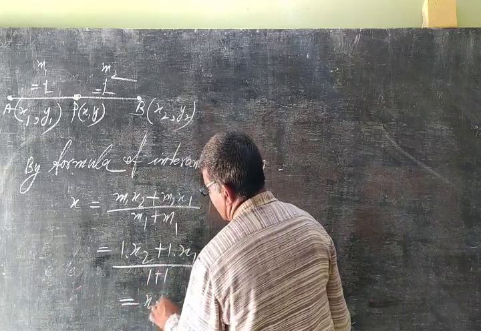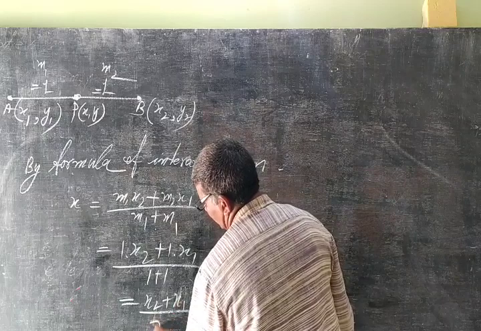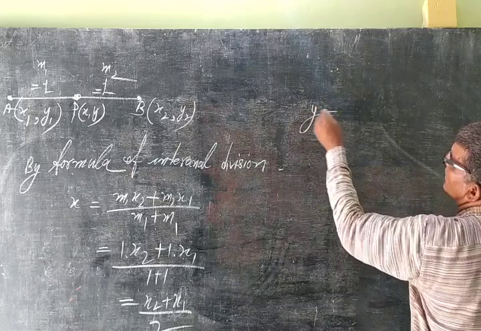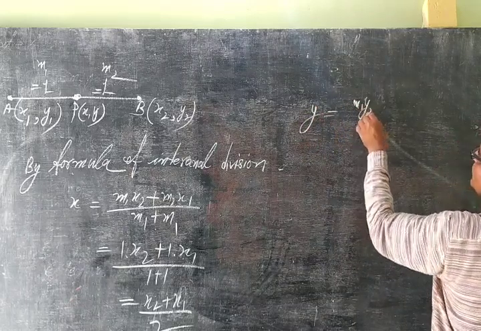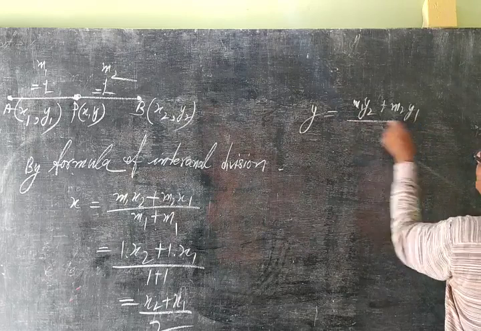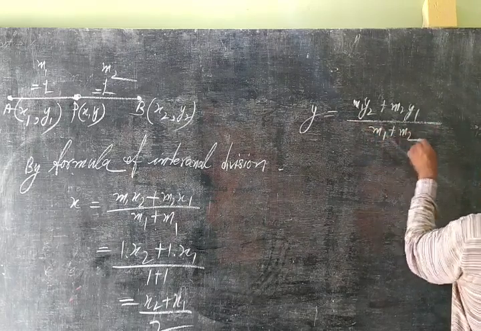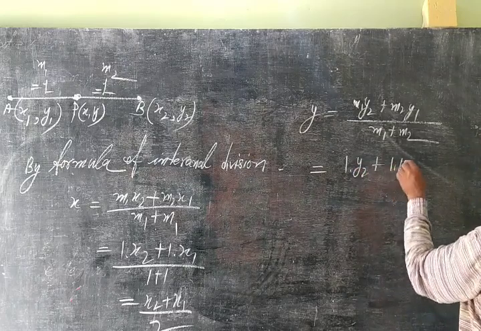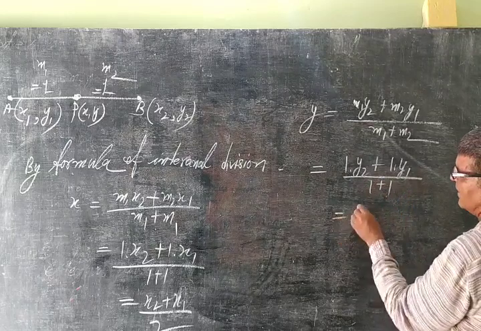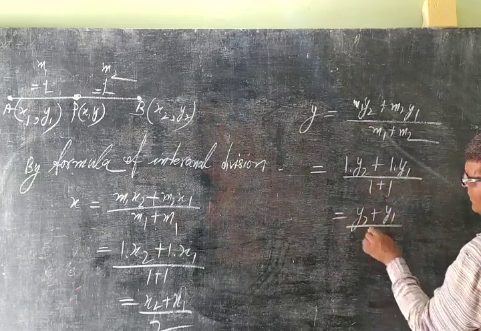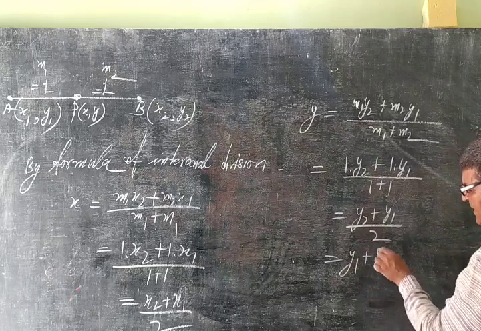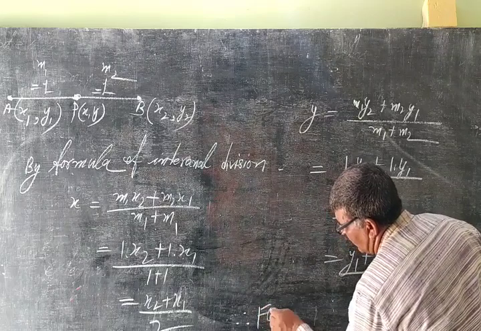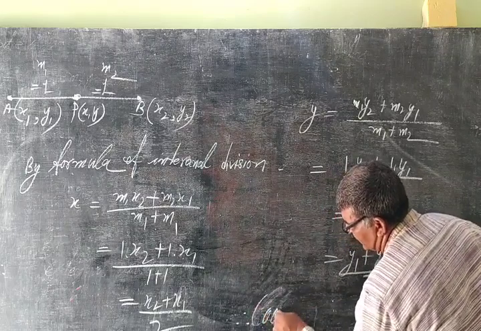This means (x2 plus x1) upon 2. This is the x coordinate. Now y equal to (m1 y2 plus m2 y1) upon (m1 plus m2), 1 into y2 plus 1 into y1 upon 1 plus 1, equal to (y2 plus y1) upon 2. This means (y1 plus y2) upon 2. Therefore, formula of coordinates of midpoint.